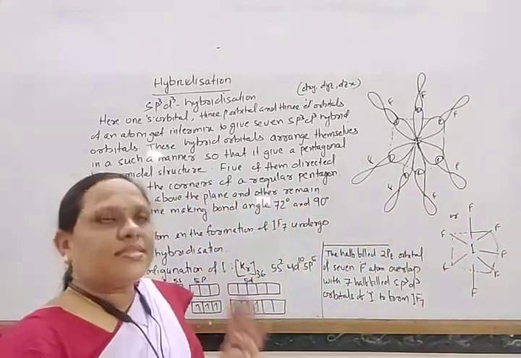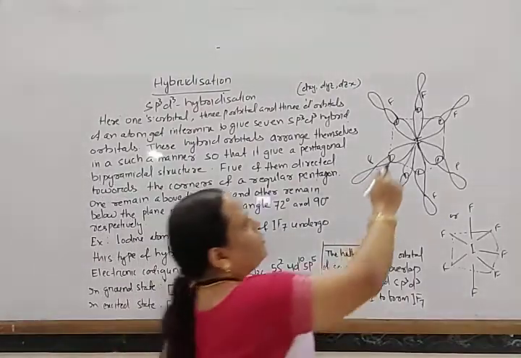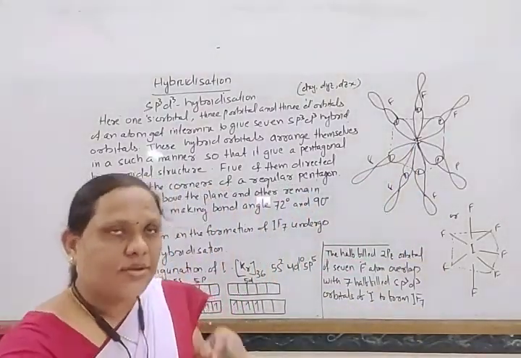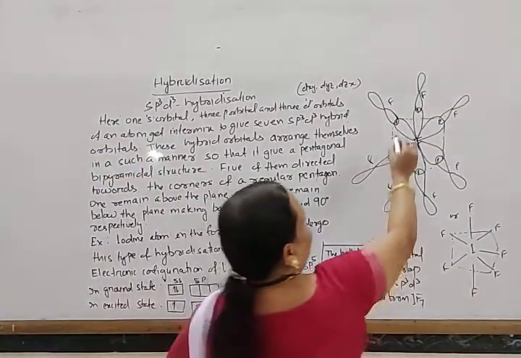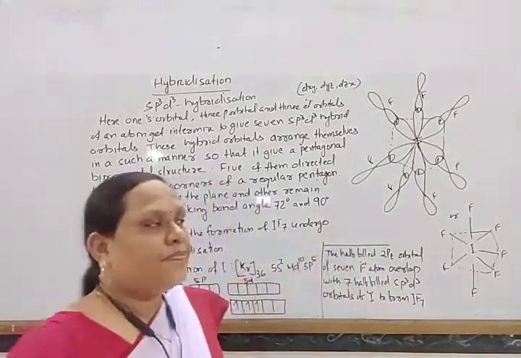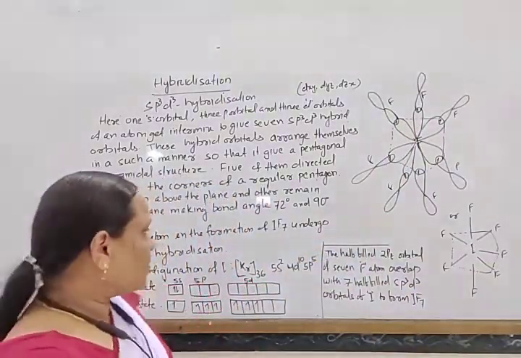So this is 7 hybrid orbitals. Among them 5 remain in a plane, one remains above the plane, another remains below the plane. And if you arrange all these axis points, it gives you a pentagonal bipyramidal structure.